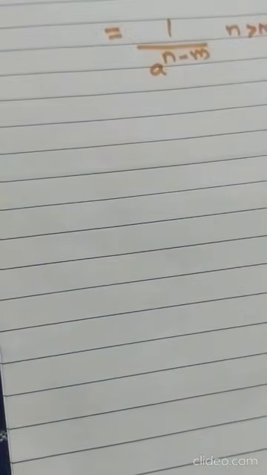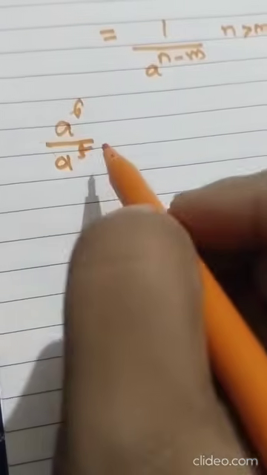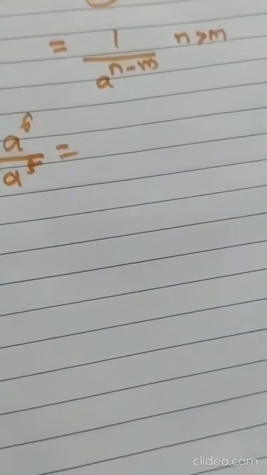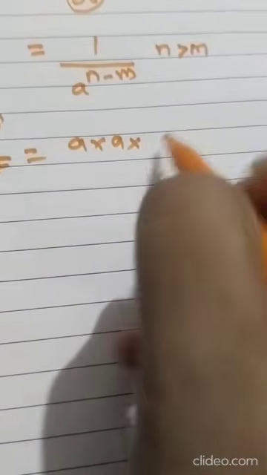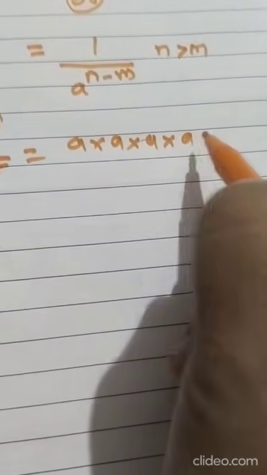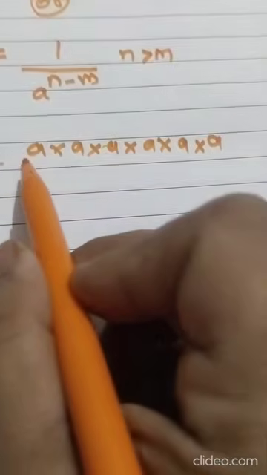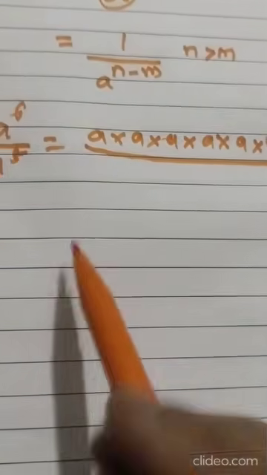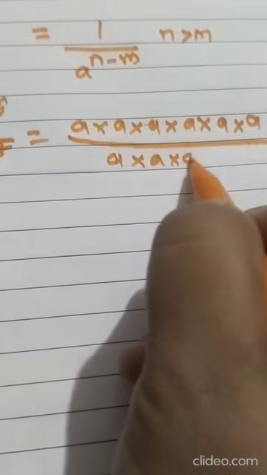Let us take an example. a raised to 6 is divided by a raised to 5. We can write this as a multiplied by itself 6 number of times, a times a times a times a times a times a, divided by a raised to 5, which means a multiplied by itself 5 times.